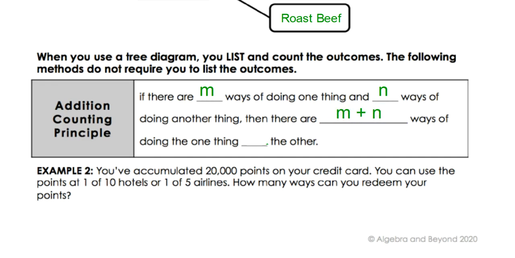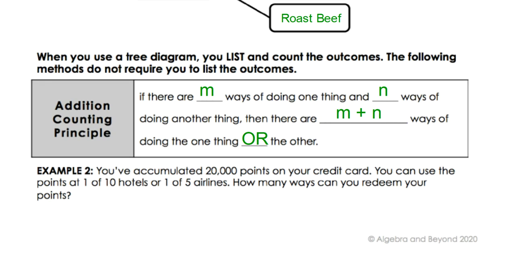Then together there are m plus n, so that's where the addition counting principle comes in, ways of doing one thing or the other thing. So we could choose 2 breads or 3 meats. Together there would be 5, in that example up above. So in this case, we are trying to do one or the other.